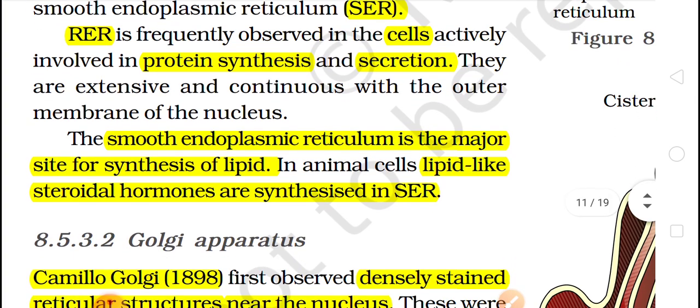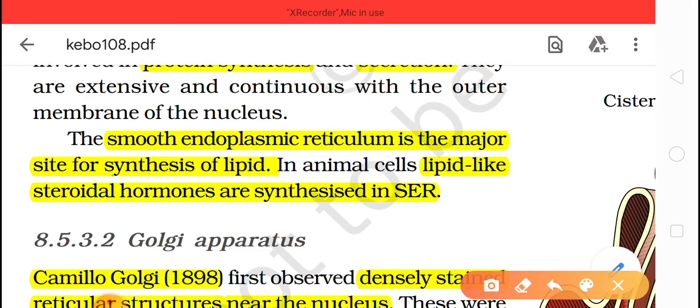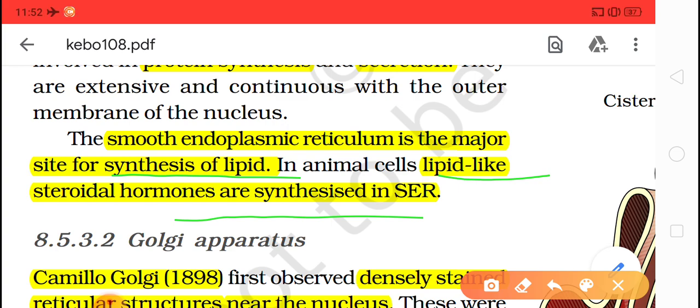While the smooth endoplasmic reticulum does not have the ribosome, so it will not play a role in protein synthesis. Instead of protein synthesis, they are the major site for synthesis of lipids. Okay, in animal cells, lipids like steroidal hormones are synthesized in SER, that is smooth endoplasmic reticulum.